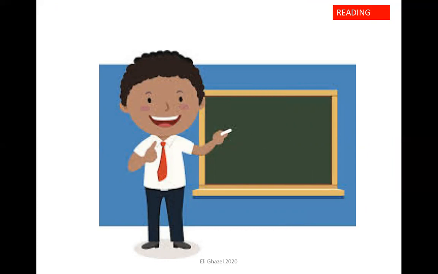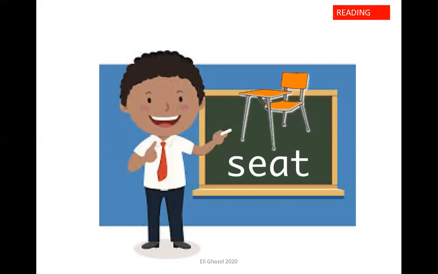Now, they might think the next one is going to be no, but they cannot be sure. So you put the word, it's still yes, because this is your seat in the classroom. So notice this time we went for yes before we changed. Again, not to give the students the ability to predict what is a yes or no, but rather they have to see the word and the image.